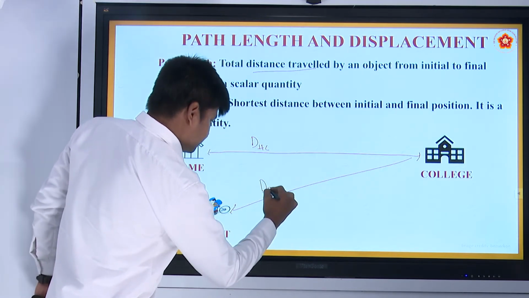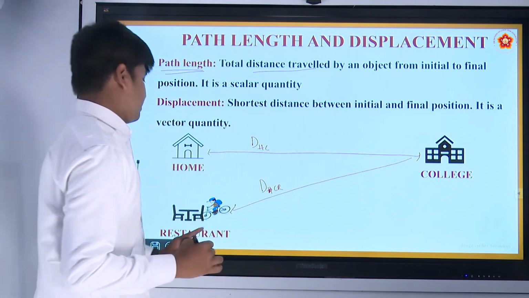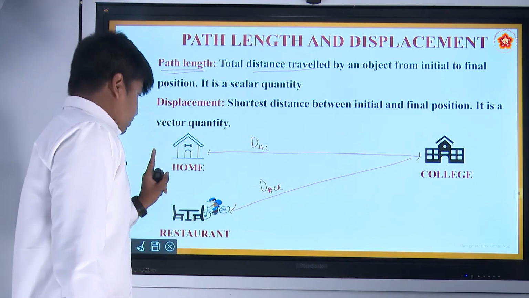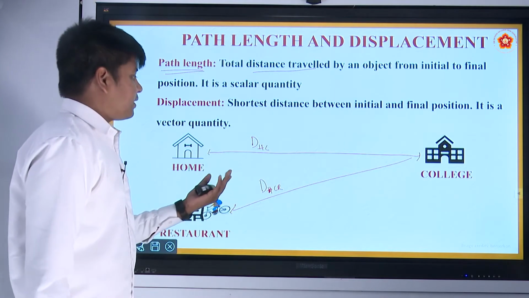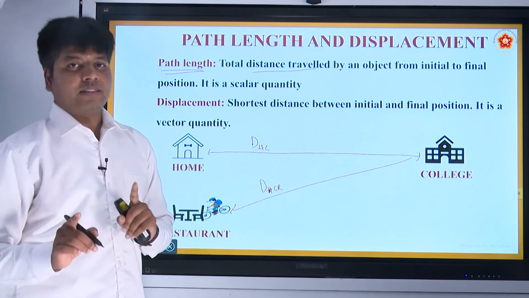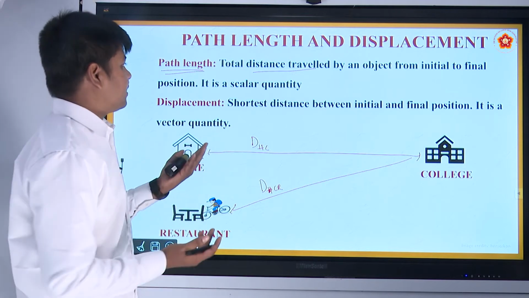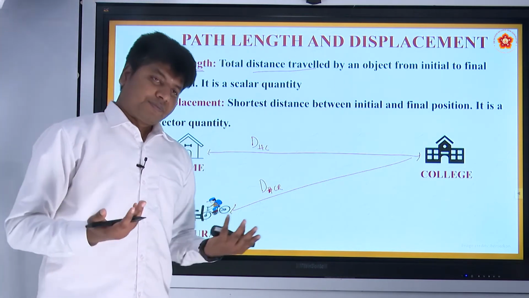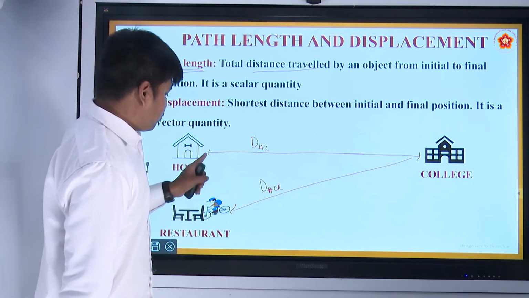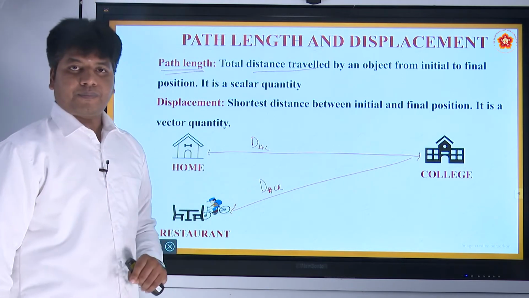I am interchanging the words path length and distance; both are the same. Distance is nothing but the length of the path, and vice versa. So you have traveled from home to restaurant, so you have traveled this much distance.